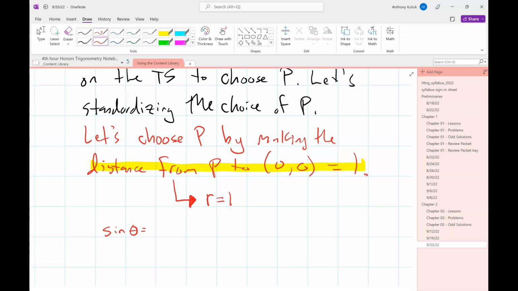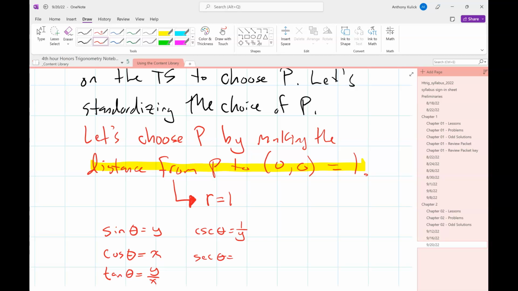Sine theta was y over r, so now it becomes y. Cosine was x over r, so now it becomes x. Tangent was y over x, so now it becomes no change. Cosecant was r over y, it now is 1 over y.